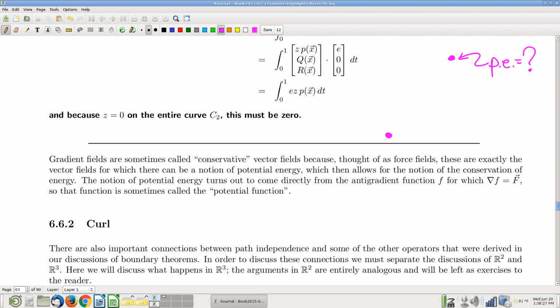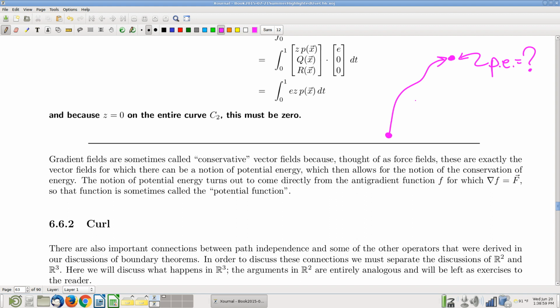So if I have something that's at this point, and if I move along a path there to that point, the amount of work that it takes to get there tells me how much potential energy the object has gained in going from there to there. Okay. So if I want to be able to talk about conservation of energy, I need to be able to talk about potential energy. And if I want to be able to talk about potential energy, I have to talk about the amount of energy that it takes to get from one point to another point.